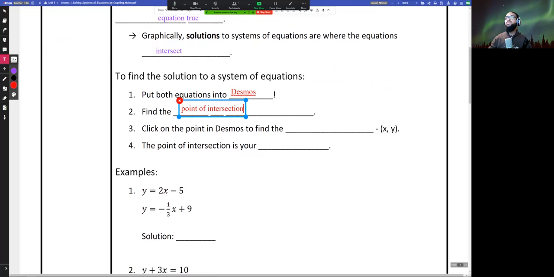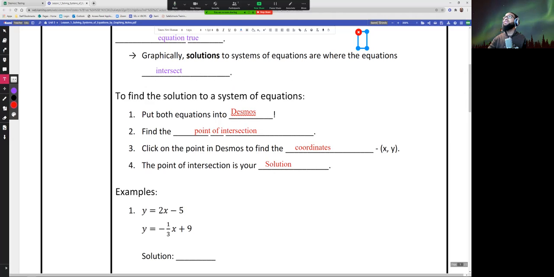That's just where these two or more lines cross. You're going to click on that point in Desmos to find the coordinates. Desmos really does most of this for you. And then the point of intersection is your solution, right? So Desmos makes this pretty easy.